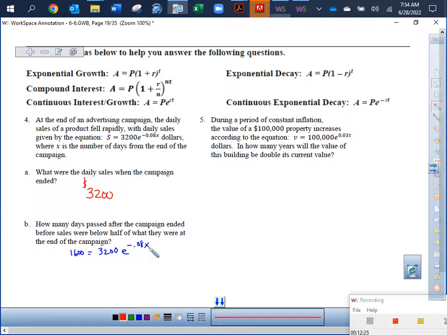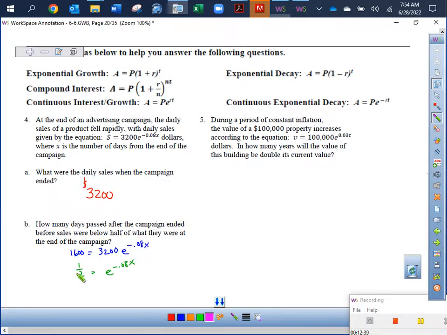Since x is up in the exponent, we want to get him down by logging both sides, but we can't log both sides until you get the base all by itself. So I need to divide by 3,200, and ta-da! It's a half, right? They wanted to know when we were at half as much. Now we'll natural log both sides, and Mr. Exponent comes down in front.